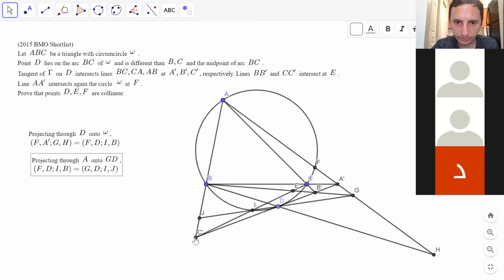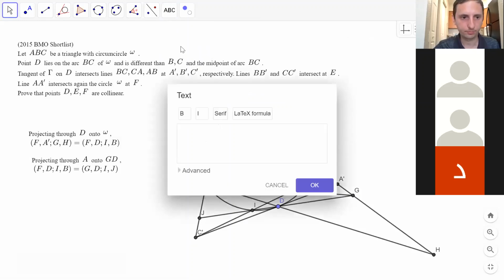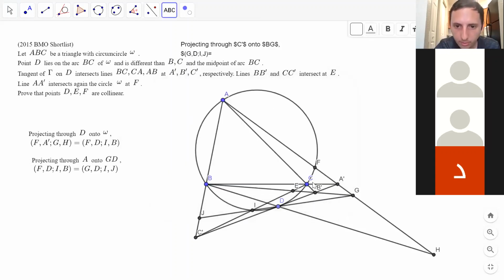And then projecting through C prime onto BG, we have GDIJ is equal to GB prime EB.